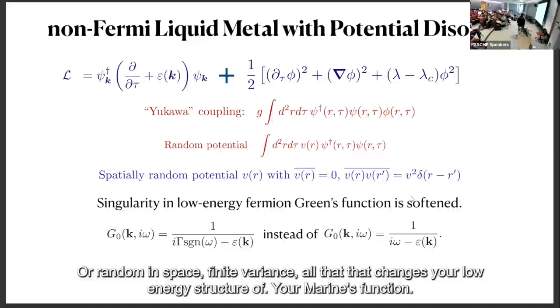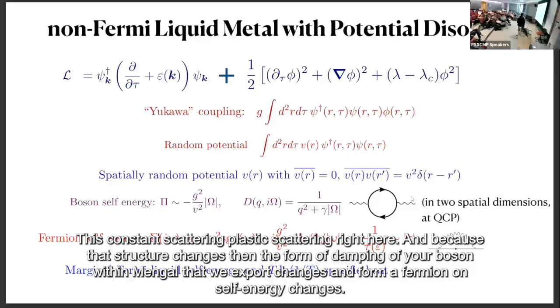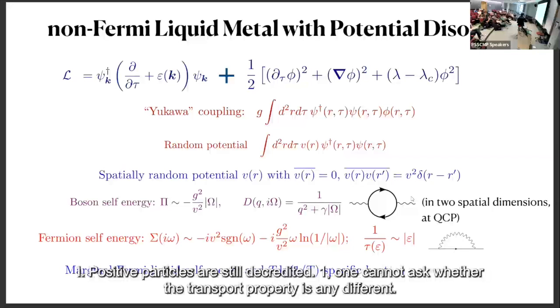You get a constant elastic scattering rate here, and because that structure changes, the form of damping of your boson within Migdal-Eliashberg changes, and the form of the fermion self-energy changes. Now it becomes omega log omega instead of omega to the 2/3. So it still has a pretty large scattering rate, and the quasiparticles are still degraded.